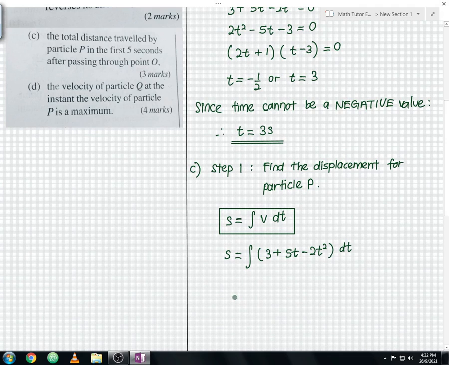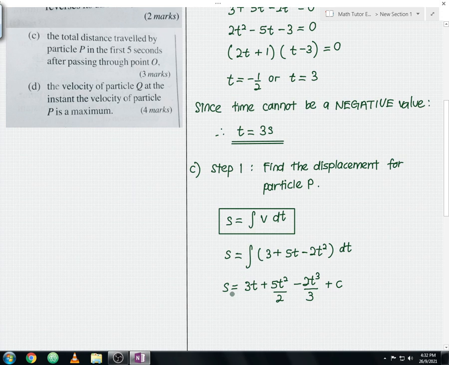For the next step, we're going to perform the integration. So you integrate this integral. From here you get s is equal to 3t plus 5t squared over 2, and then minus 2t cubed over 3, and don't forget to put the plus c as well, since this is an indefinite integral, guys.